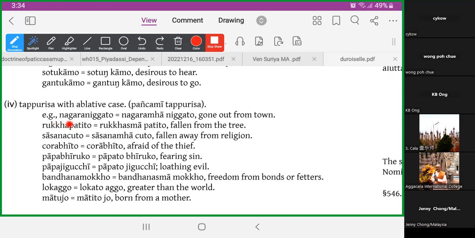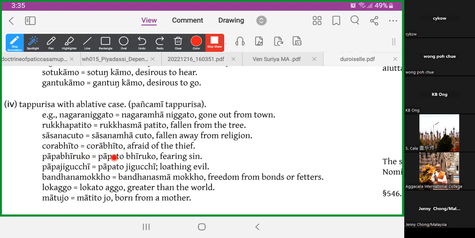For example, Nagaranikkhanto, nagaramha nikkhanto, going out from town. Rukkhapatito, rukkhasma patito, fallen from the tree. Sasanacuto, sasanamha cuto, fallen away from religion.